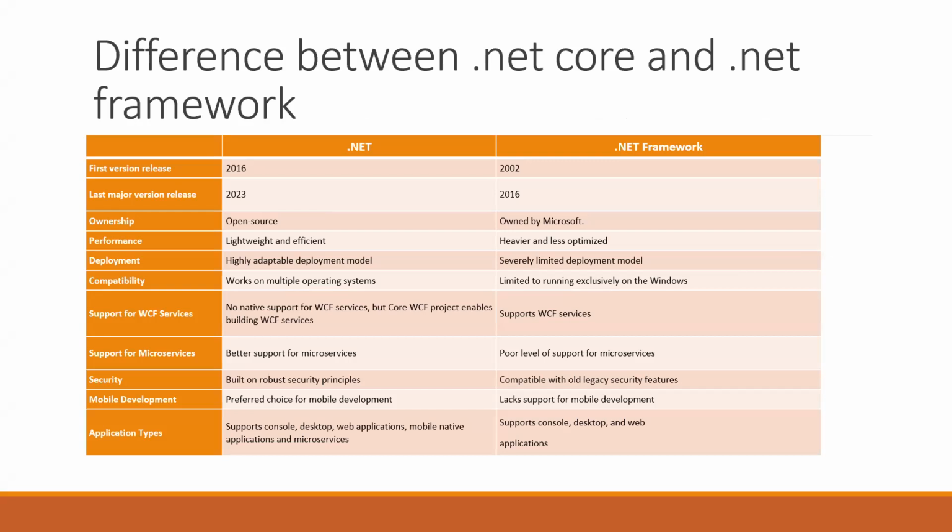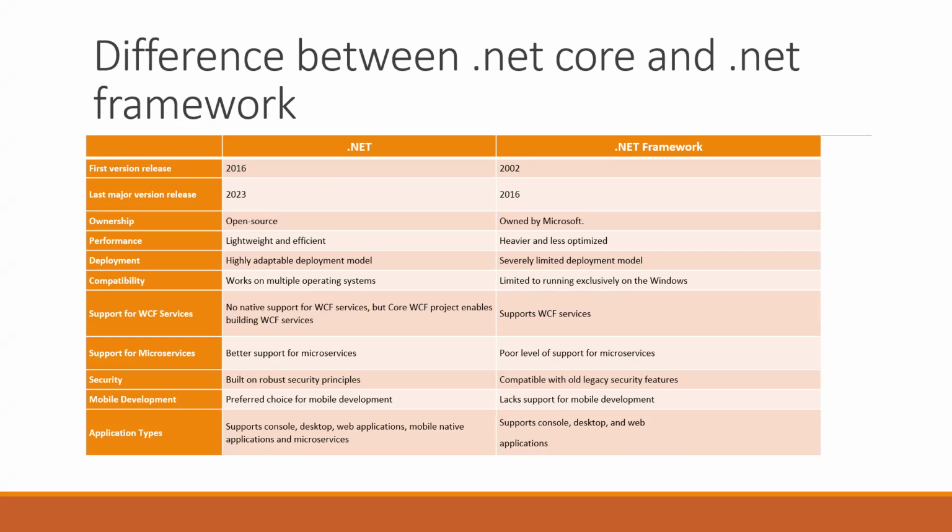Okay, so what are the differences between .NET Core and .NET Framework? If we see this table, it shows the basic differences. Till .NET 3 it was .NET Core. Later, when .NET 5 was released, it was named just .NET.